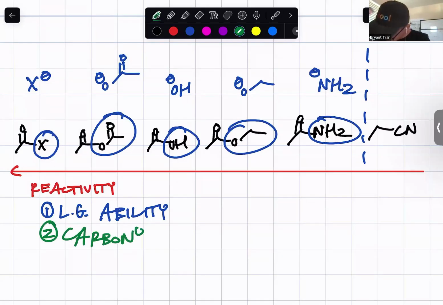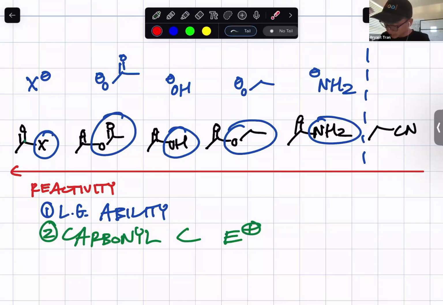Okay? The other factor is going to be about the carbonyl carbon electrophilicity, right? Positive charge. The carbonyl carbon of the acyl halide has the biggest partial positive charge, whereas the carbonyl carbon of the amide has the smallest positive charge. And for the acyl halide, there's actually several reasons why, right?